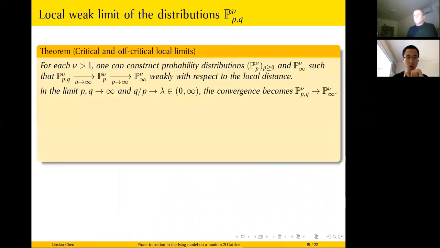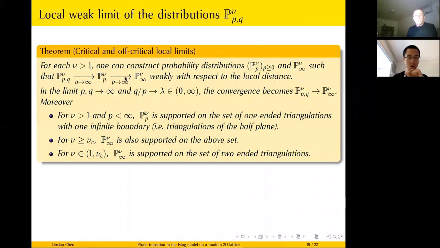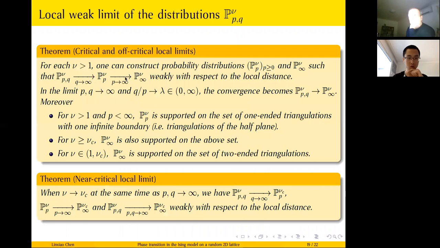Well, I guess I'll skip this local limit part because, anyway, I just want to say that this is not the most interesting part of the result.